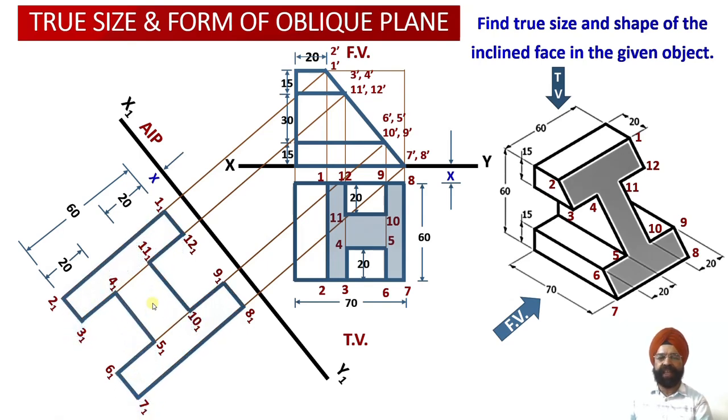So I can darken the edges which are visible to the observer, and since this auxiliary plan projection has been obtained by drawing an auxiliary inclined plane parallel to this edge view, this is going to be the true shape of this inclined cut section surface of the solid.